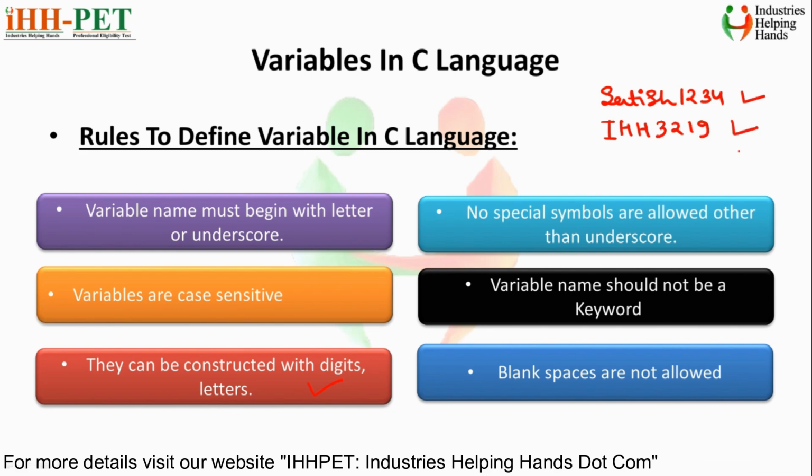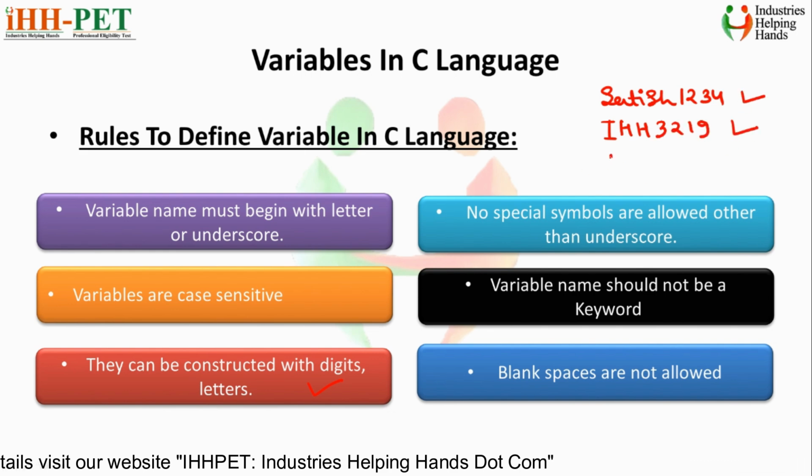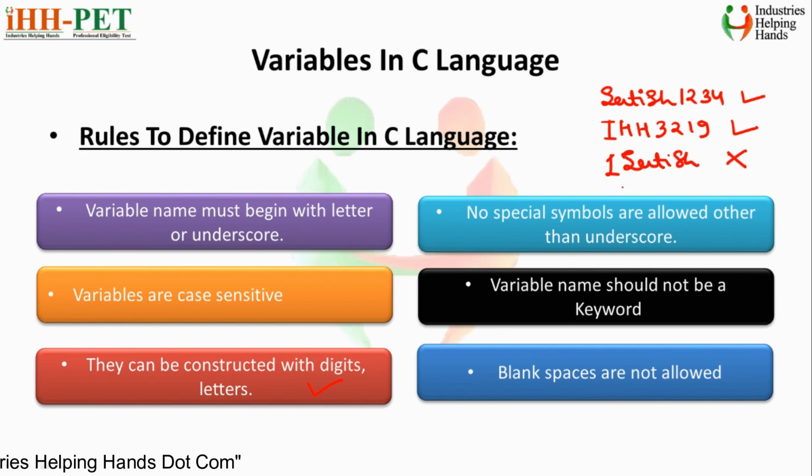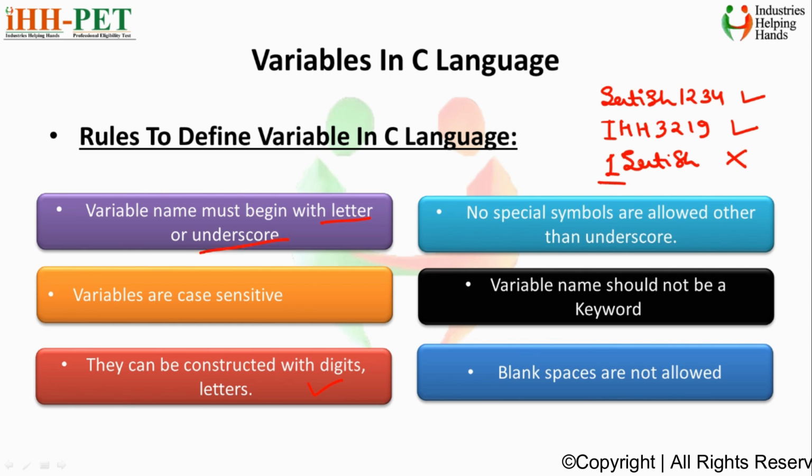This is valid, this is valid, but you cannot start with a digit. This is not valid, because in the first rule I told you the variable name will start with a letter or an underscore. So that's why this is not a valid variable name.